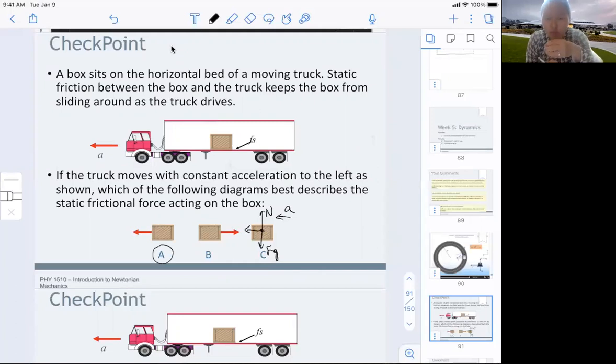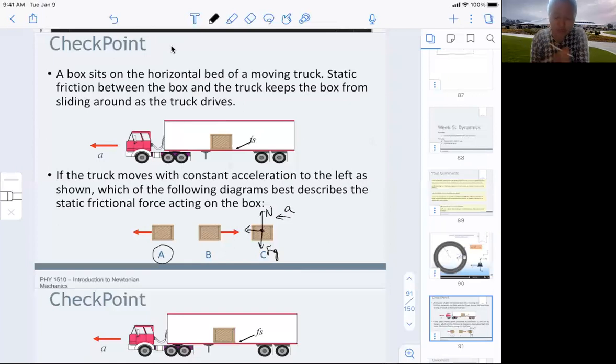Once the truck starts accelerating, relative to the truck, the box has a tendency to slide backwards, to the right-hand side, but it does not, which means the static friction prevented that tendency to slide off. So the static friction is pointing to the left, providing the acceleration of moving the box along with the truck.